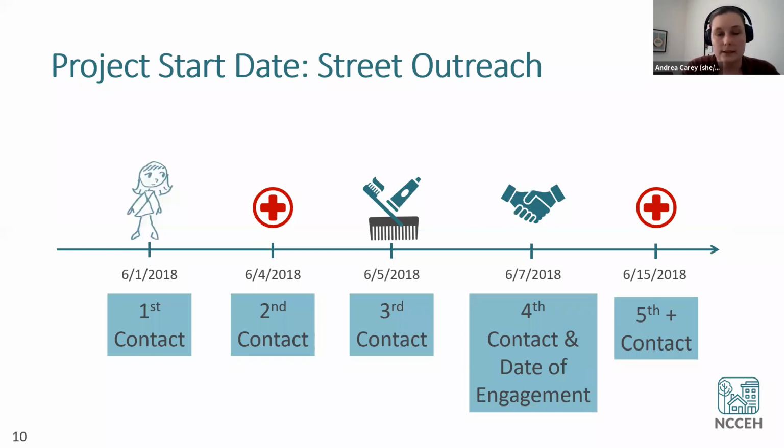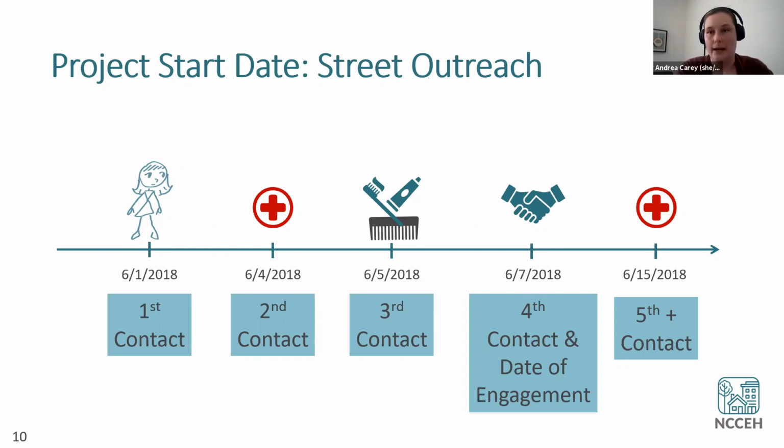So for street outreach, what this looks like is you're having multiple contacts with a client. Here our fake client has a first contact in June, some medical supplies we provide for her a couple days later, maybe some hygiene supplies the following day, and then really solidify a housing plan and have that date of engagement.